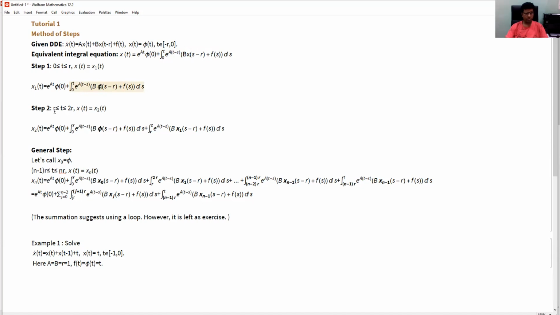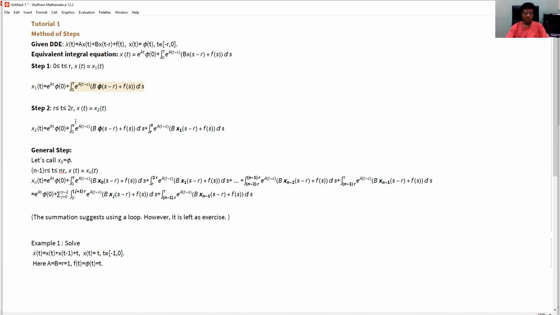In the second step, we take t in the interval r to 2r, and we call the solution as x2 of t, and it is given by this. The first term is common, e raised to at phi of 0, and the second term is integral from 0 to r. In this interval 0 to r, we give x as phi.